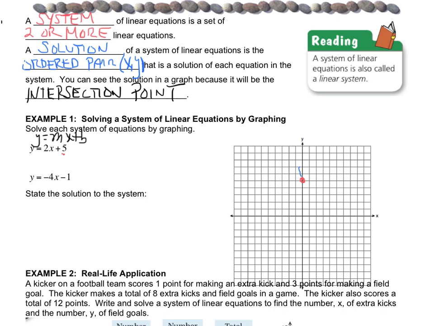So I'm going to go up 2 over 1. That will be my next point. And again, I can go up 2 over 1 to find another point. And from here, we're going to draw a nice straight line. Hopefully this is nice and straight. And just to label our graph, y equals 2x plus 5.